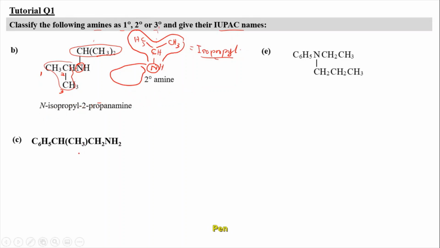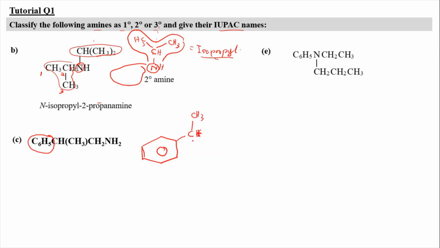Now moving on to the next structure here, which is structure C. We have C6H5CH, CH3, CH2, and NH2. If you find it difficult to imagine the structure, I will suggest you to draw. As you can see here, it has C6H5, so you know that it is a benzene ring, and then it is attached with carbon, hydrogen, and then it has a substituent of CH3 up here.